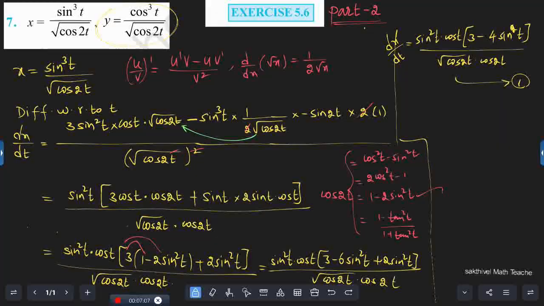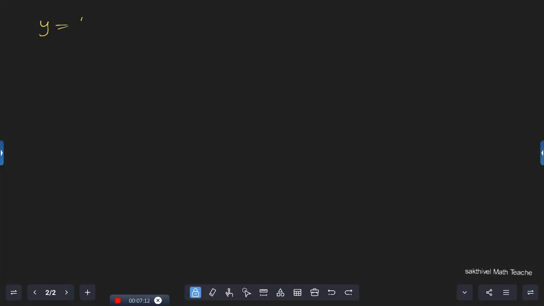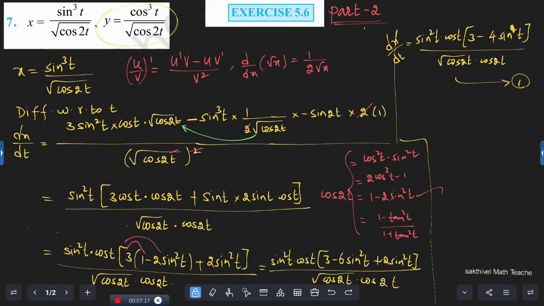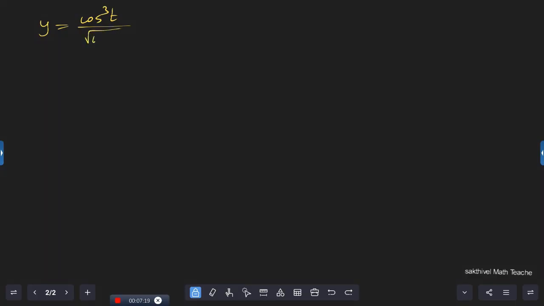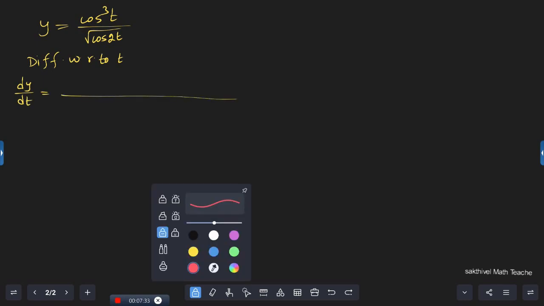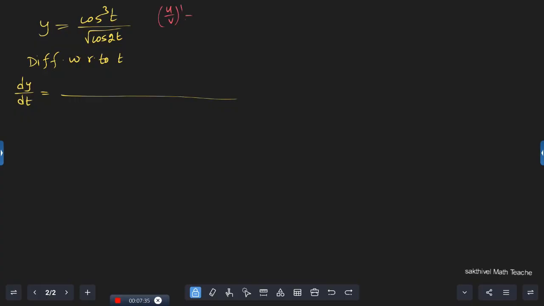So y, I am taking cos cube t divided by square root of cos 2t. We have to differentiate with respect to t on both sides. When I differentiate y, dy divided by dt is equal to, again I'm going to use the formula (u divided by v) dash is equal to u dash v minus u v dash divided by v square.